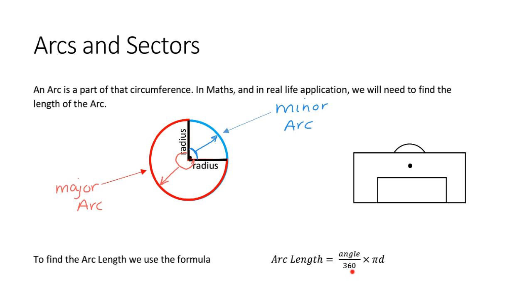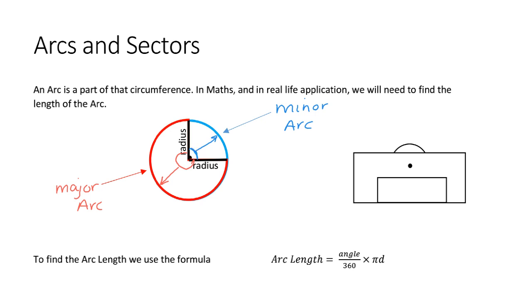Why do we use 360? Well, think about your knowledge of a circle. There are 360 degrees in total. So if we take the angle that corresponds to the arc and divide it by 360, we're getting a fraction of what that angle takes up.